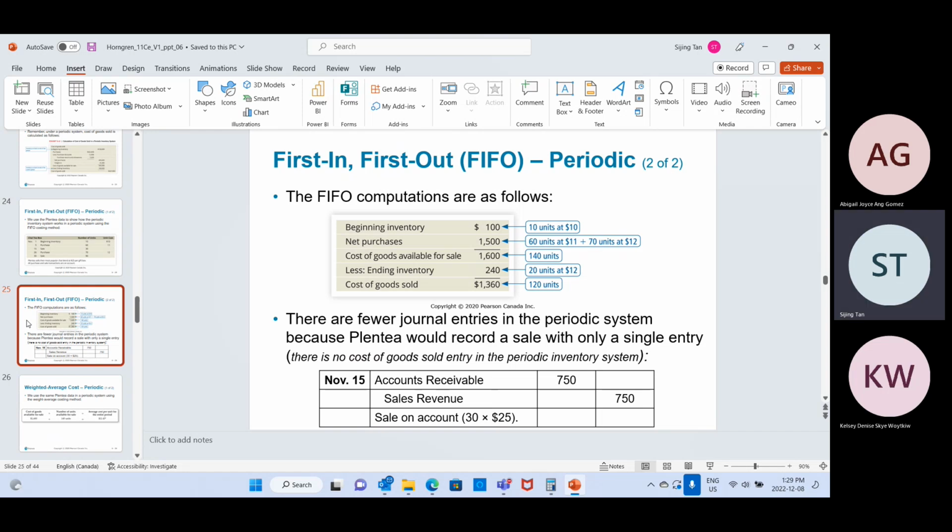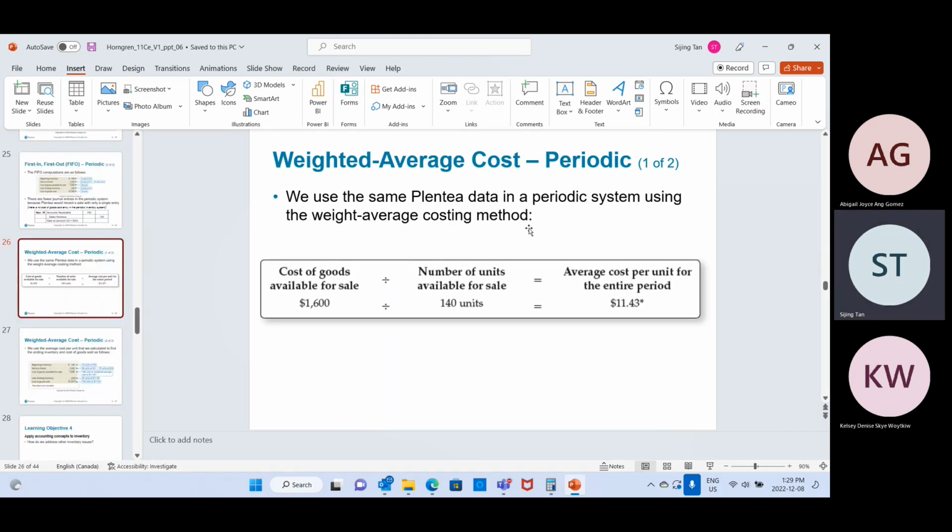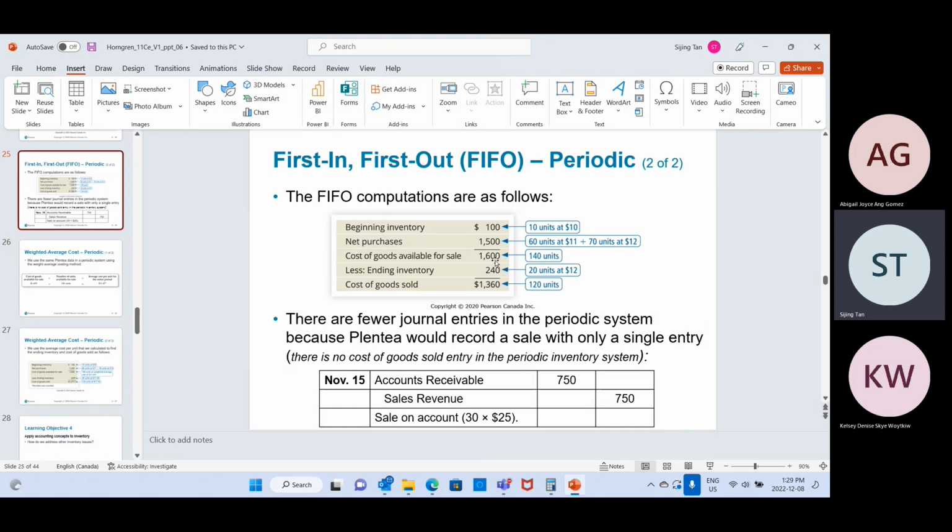Now, weighted average cost. We use the same data in the periodic system, right? Because we're not tracking the continuing change of the quantity of the product. So we simply use the cost of goods available for sale. That is how to calculate it.